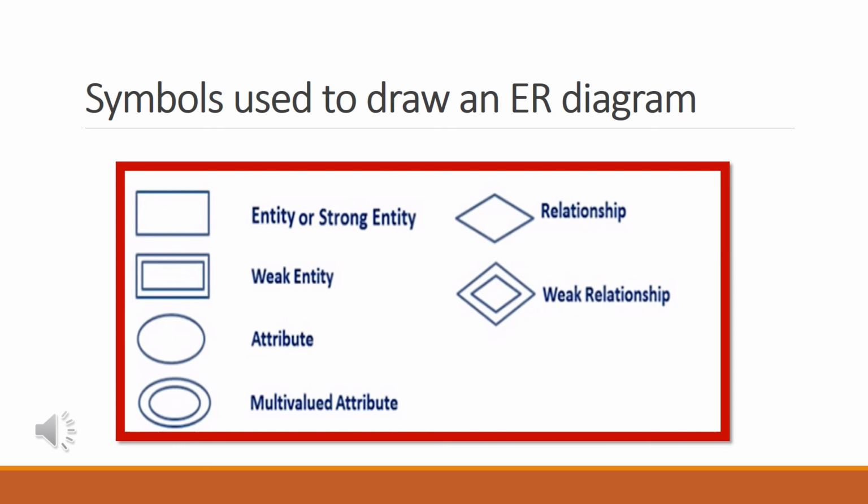Then we have multi-valued attributes. These are represented as double ellipse. Then this diamond shape represents the relationship, that is the connection between two entities. And the double diamond shape represents the weak relationship. So all these symbols we use to create an ER diagram whenever we create the graphical representation of the logical structure of a particular database.